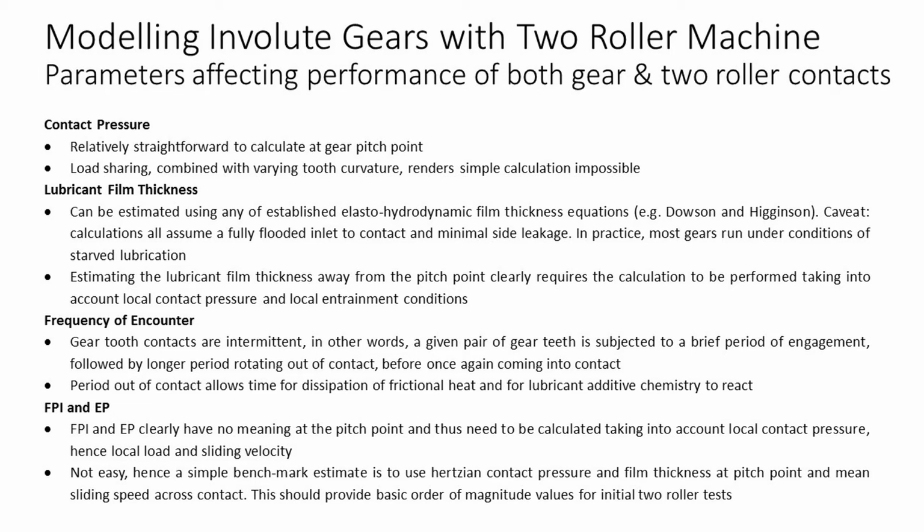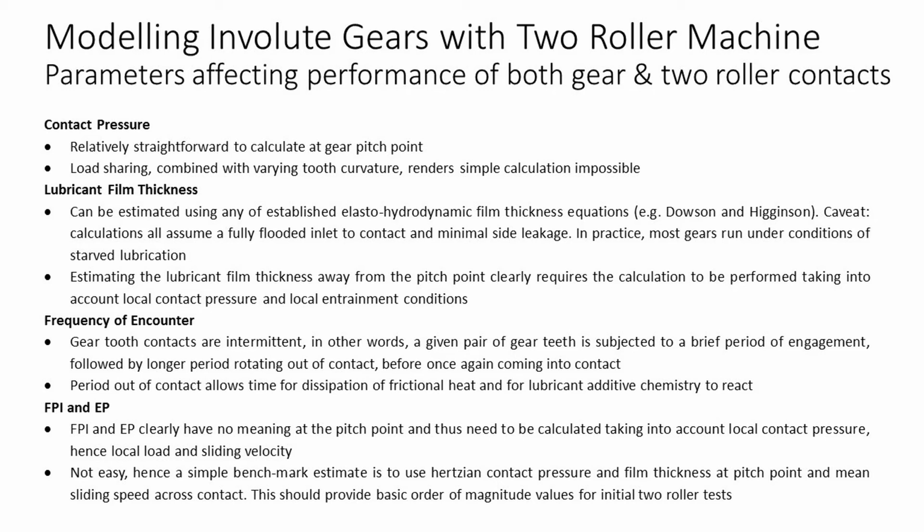Whereas the contact pressure is relatively straightforward to calculate at the gear pitch point, the uncertainty caused by load sharing combined with varying tooth curvature renders simple and easy calculation of contact pressure elsewhere more or less impossible. With regard to lubricant film thickness, at the pitch point we can readily estimate it using any of the established elasto-hydrodynamic film thickness calculations, for example the Dowson-Higginson equation.